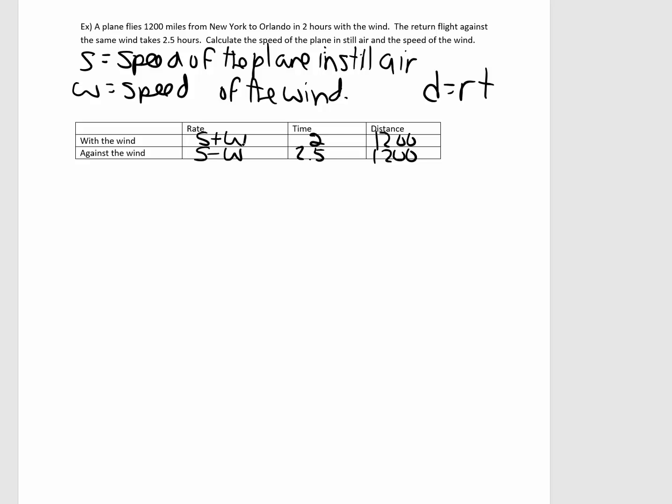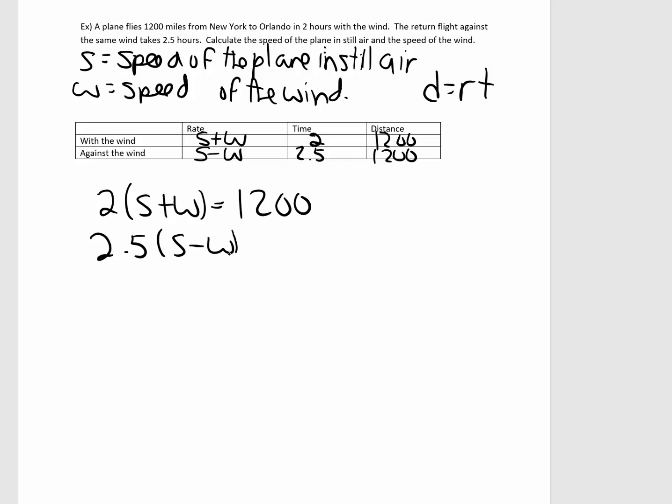Okay, so my two equations then are going to be 2 times S plus W, remember rate times time equals distance, which is 1,200. And 2.5 times S minus W is equal to 1,200. Okay, so I'm going to distribute the 2 and the 2.5.